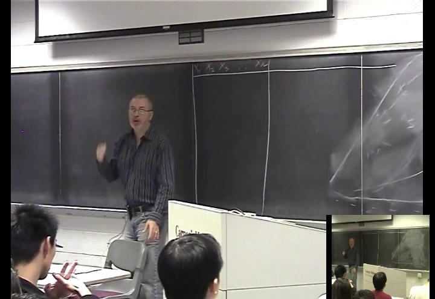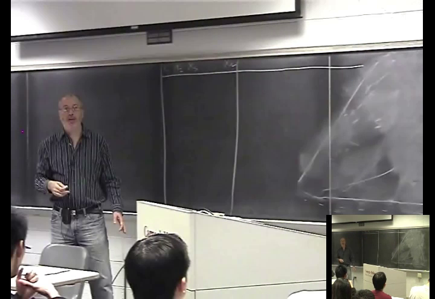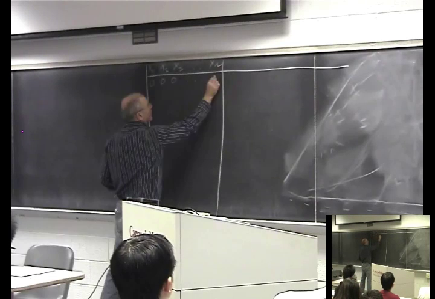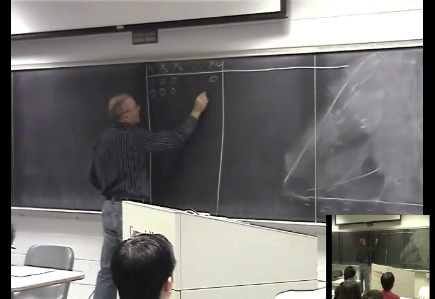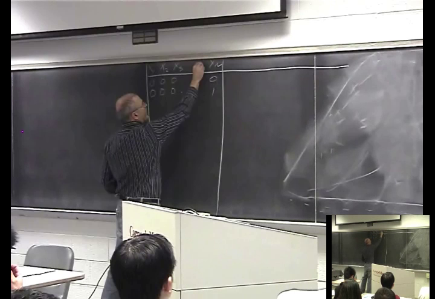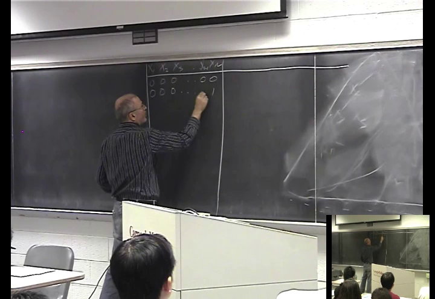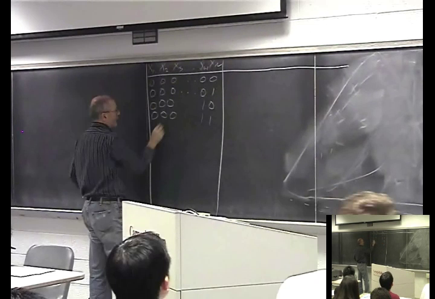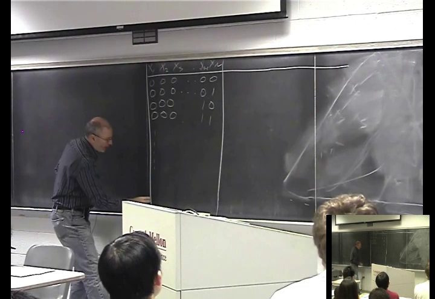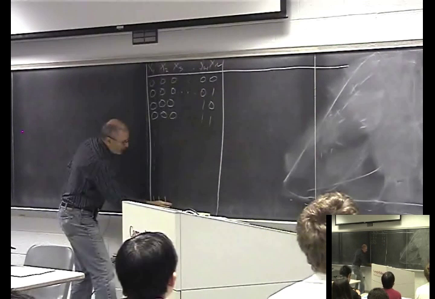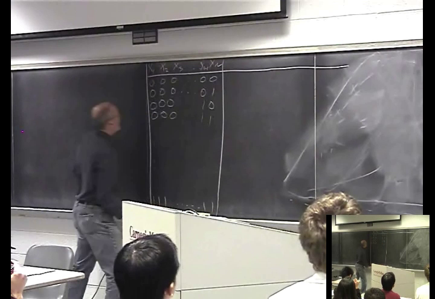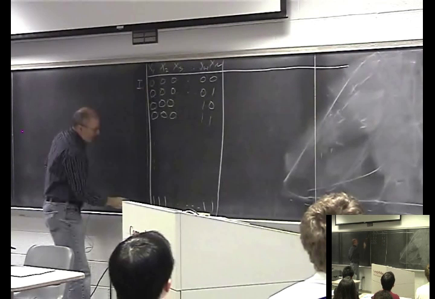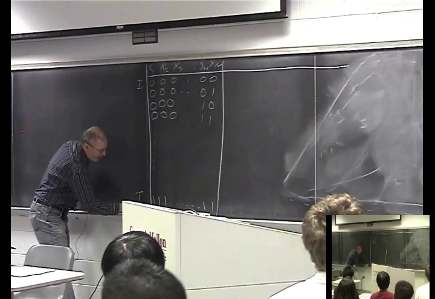And I'm going to list out, in principle, all possible combinations of values of these n binary variables. I'm going to list them out the way computer scientists do, starting with 0, 0, 0, 0, 0, 0, 1, 0, 1, 0, 1, 1, and this is going to go on for a long time until I get to 1, 1, 1, 1. This is input number 1, and this is input number 2 to the n.